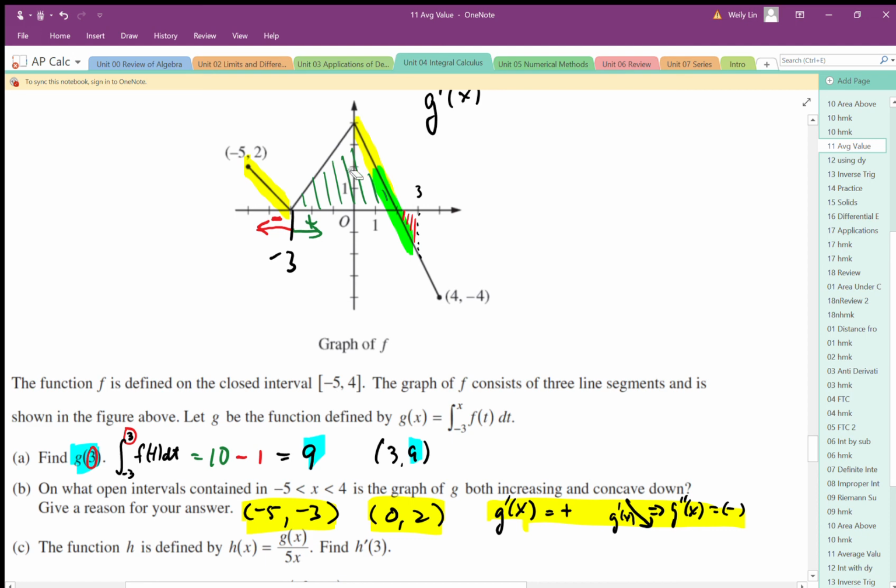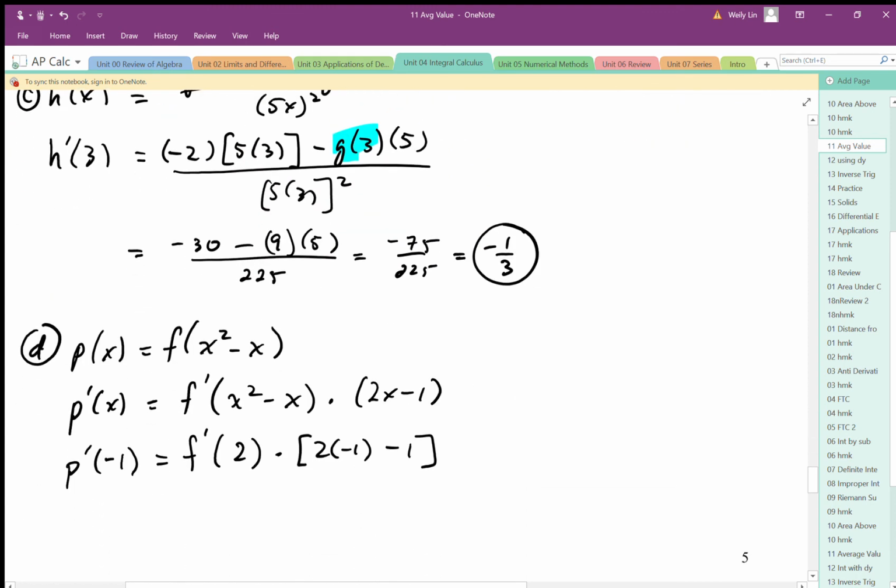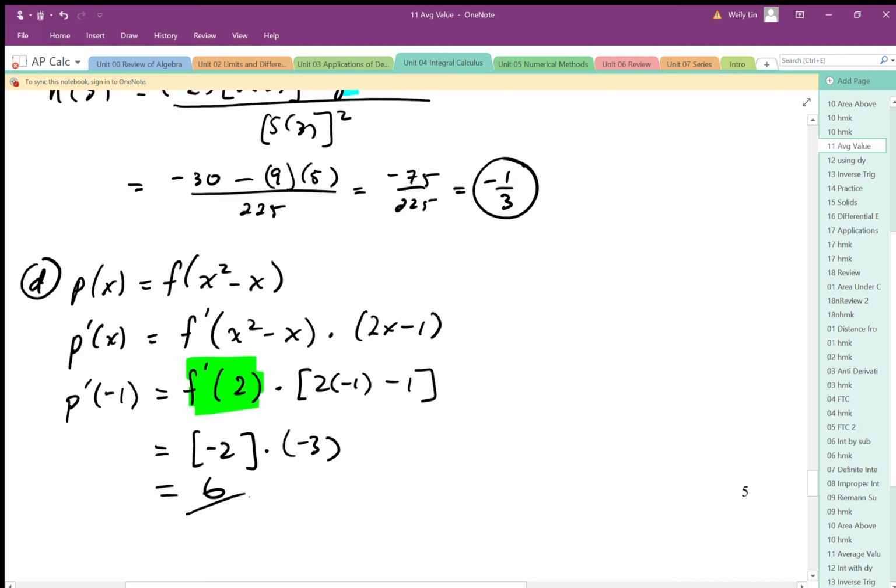The slope of that line looks to be 1, 2, 3, 4 down, 2 across. Slope is negative 2. So I'm just going to plug that in. That represents the slope at 2 through that section. So I end up with a slope of negative 2 times, that becomes negative 3. So the p prime value at negative 1 equals 6.